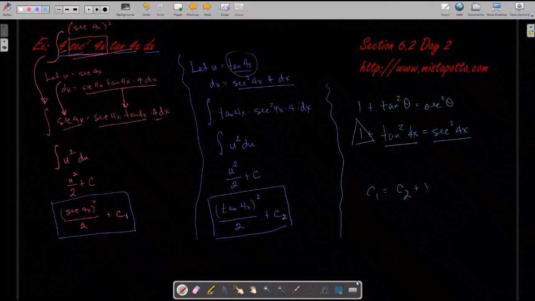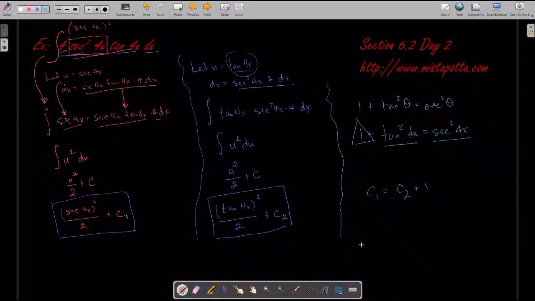So I just want to mention this, the idea that because of the trig identities that we've learned in our pre-calculus class, we could take two completely different approaches.